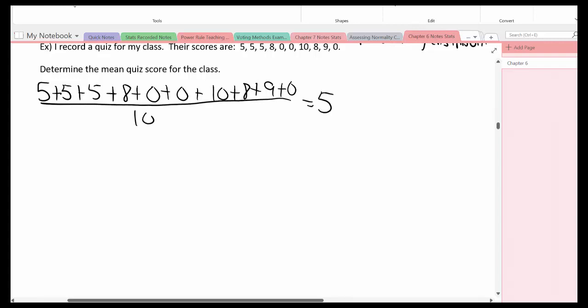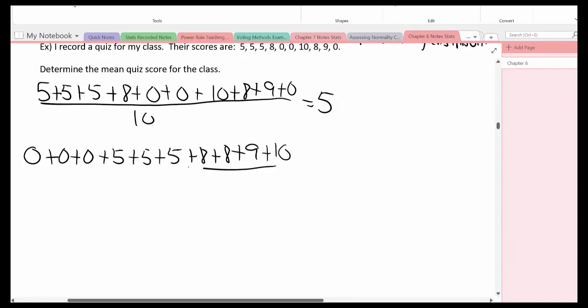Now, I'm going to rearrange them from least to greatest. Then I'm going to group them together. So 0 plus 0 plus 0, that's nothing more than 0 times 3.